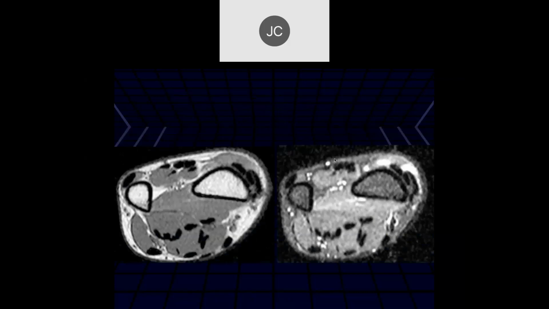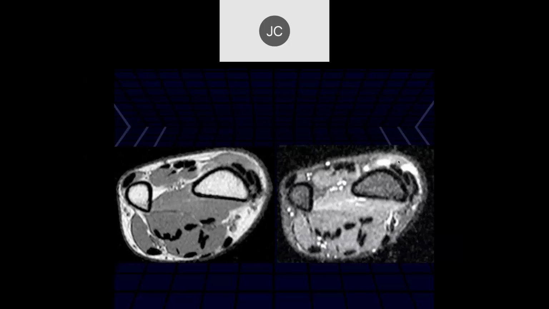So, Elior, what do you think of this case? Okay, so here where these first and second extensors intersect, I see tenosynovitis. Right. So these are the first extensor tendons. These are the second extensor tendons. So I think the first are going over the top of the second.